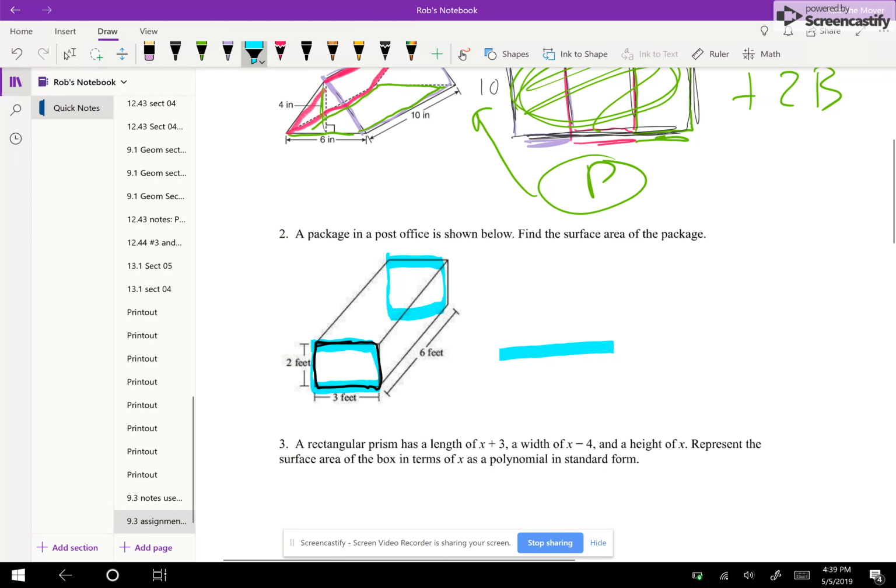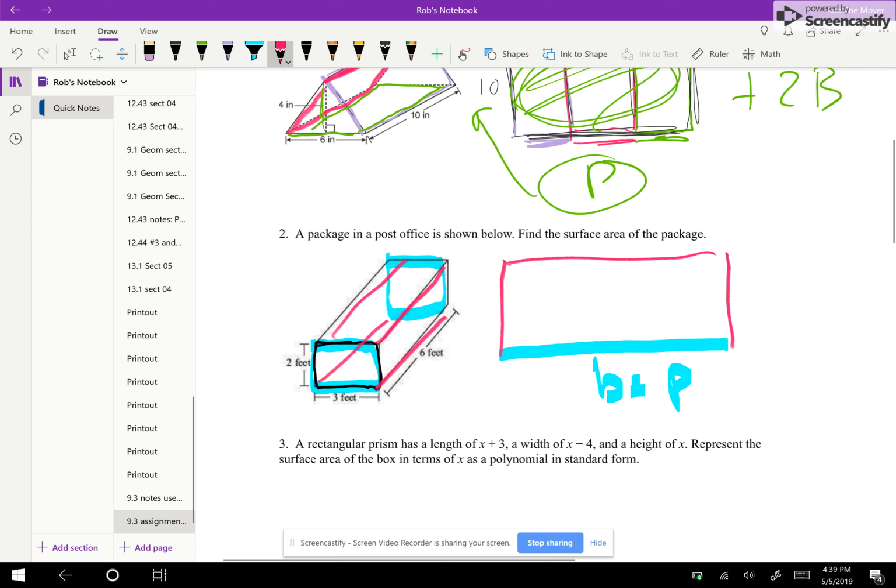And if you lay it out, that is going to be the base of the rectangle that you need to find the area of. And the height of that rectangle is all of these. All of those are the same, right? So you've got the height of the rectangle, which is 6, and then you've got the perimeter of that, well, I guess it's not a square, it's a rectangle, which is the base, okay?